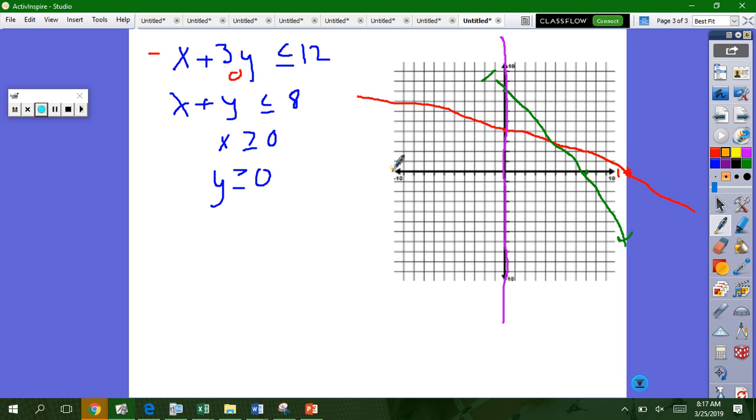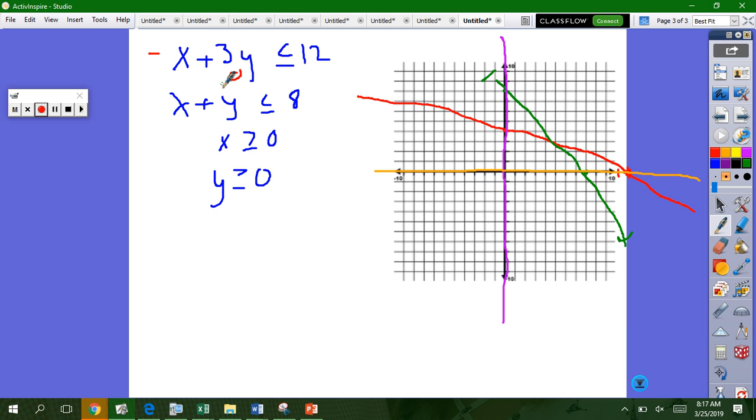I wonder if the orange shows up. Here is y equals 0. Okay? So we're looking for the region that shares every single one of those items. So with that being the case, let's start with the green one.